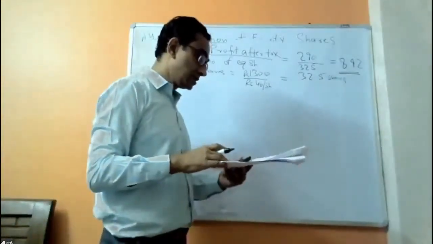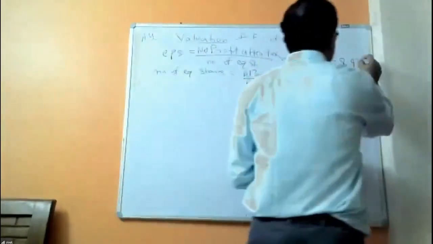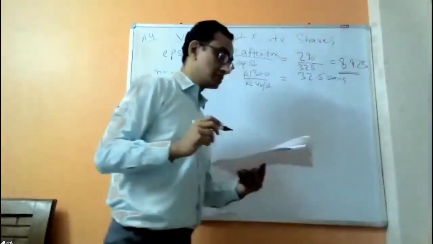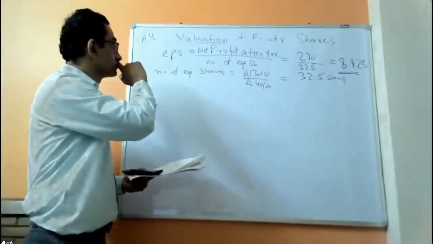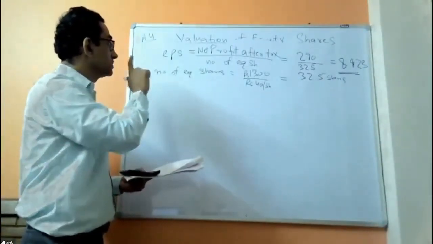It is better to take it as 8.923, up to 3 places. Fine. So we've got the EPS.